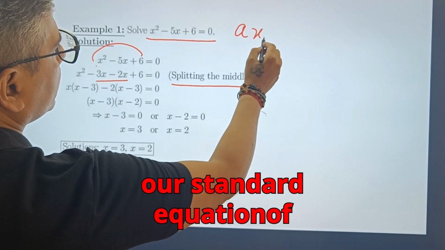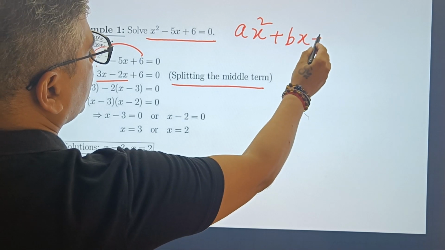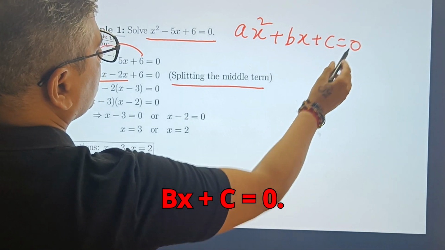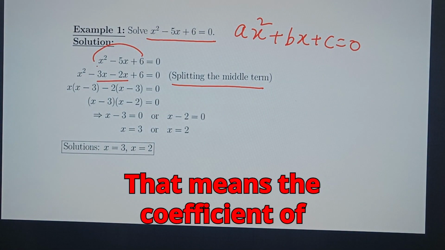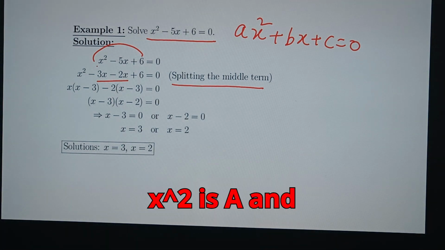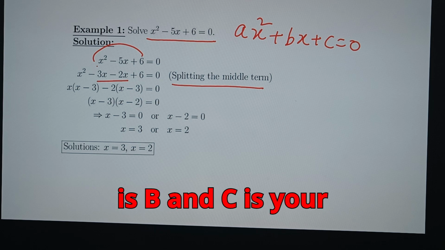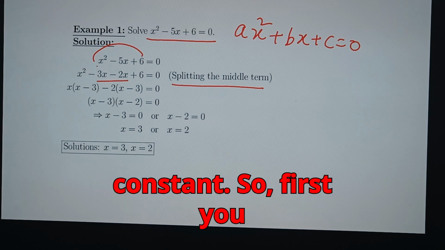Our standard equation of quadratic is ax square plus bx plus c equals 0. That means the coefficient of x square is a, the coefficient of x is b, and c is your constant.